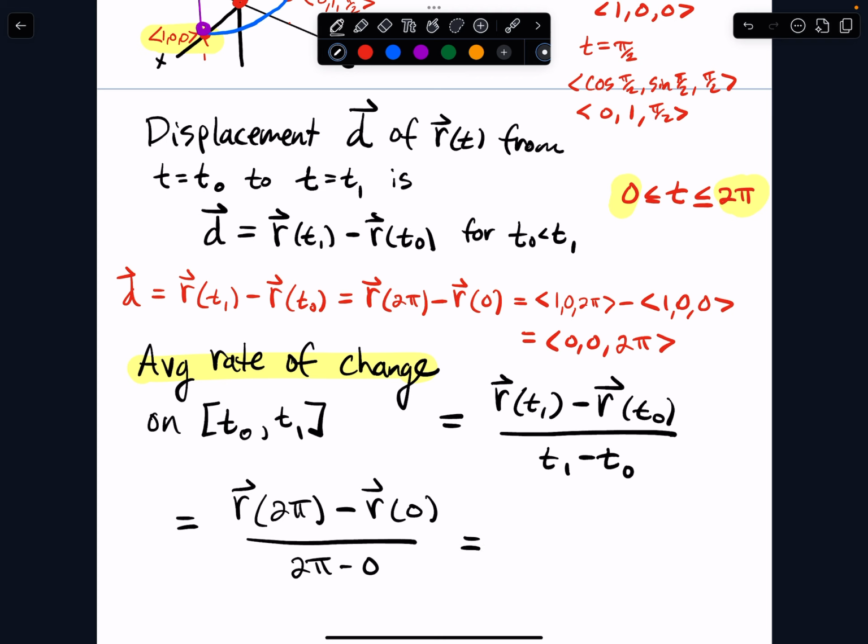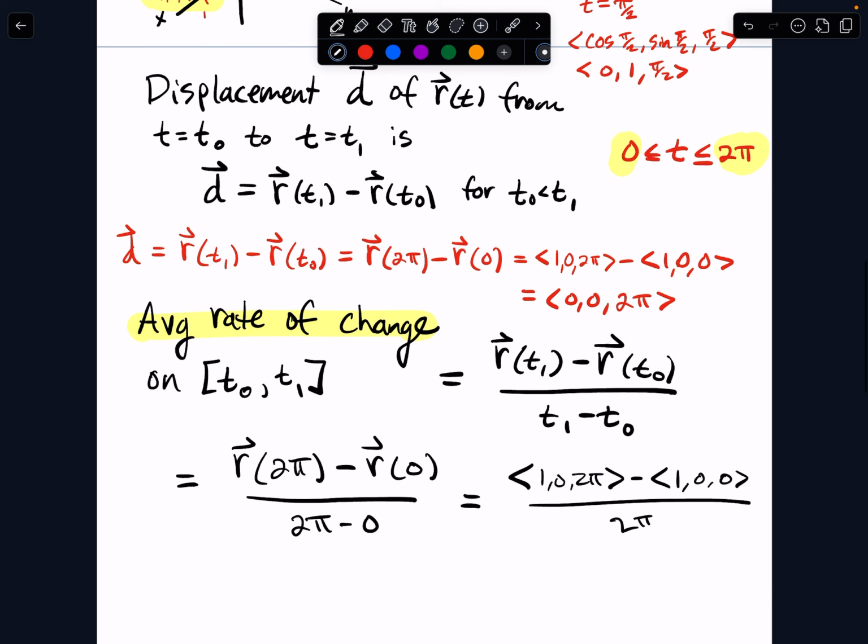And what do we get for the average rate of change? We get 1, 0, 2 pi minus 1, 0, 0 over 2 pi, which we found to be 0, 0, 2 pi divided by 2 pi, which works out to 0, 0, 1.